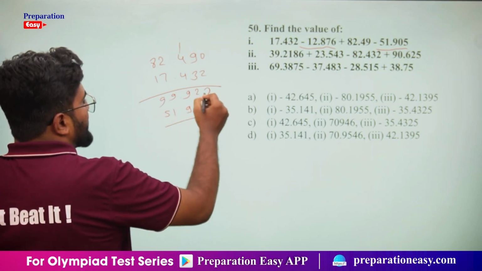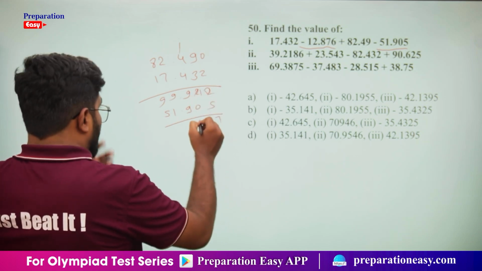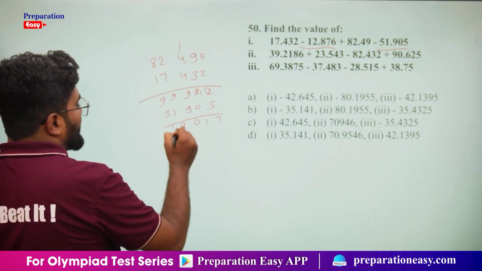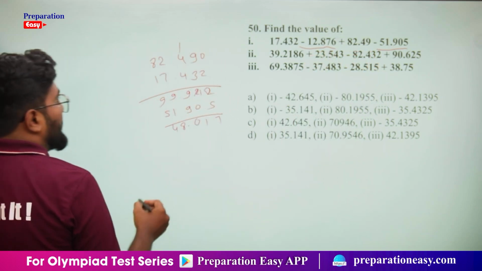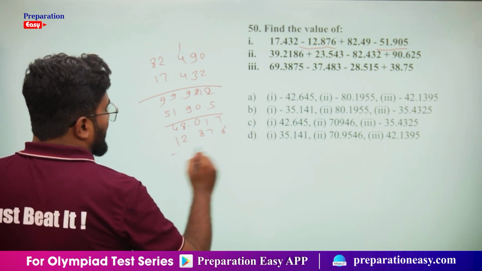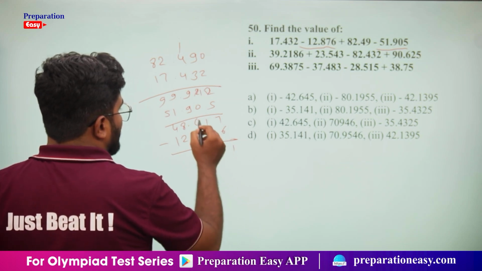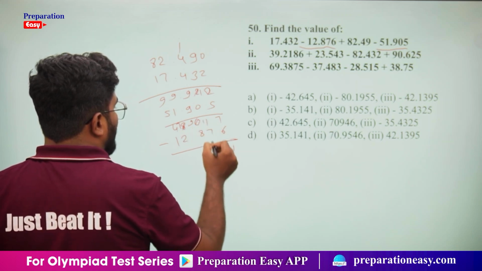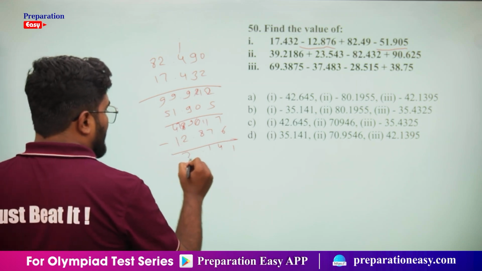So not possible here. 12 minus 5 is 7, 1 minus 0 is 1, 9 minus 1 is 8 and 9 minus 5 is 4, 48.017, and the next number is 12.876. 7 minus 6 is 1, then this becomes 9 and this becomes 11. 141, and this would be 35.